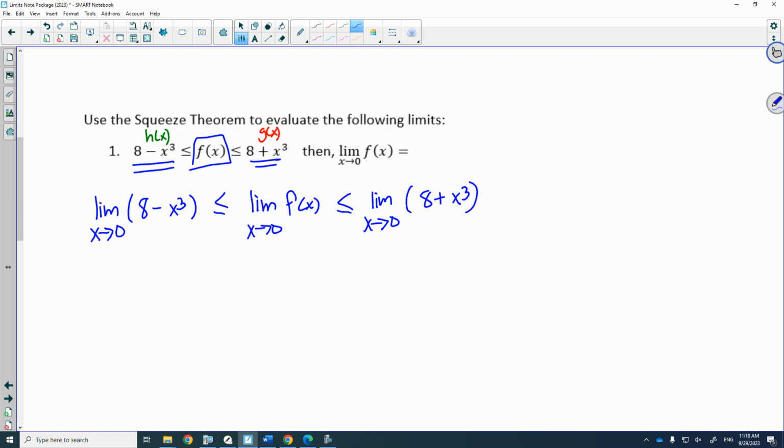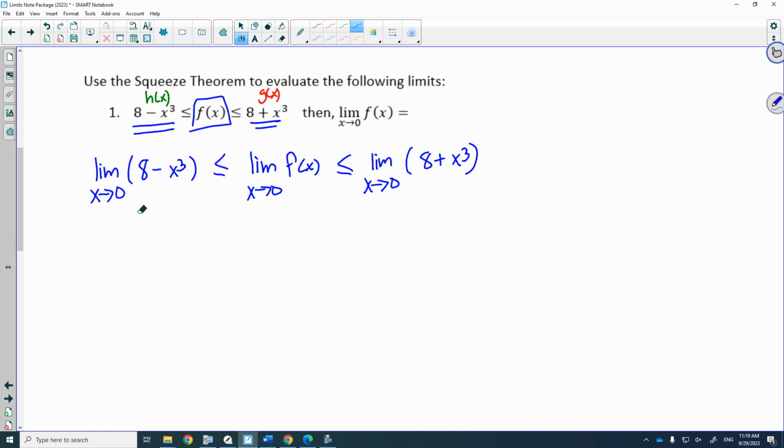Once I apply the limit to each expression in the inequality, I'm going to evaluate the limit. I'm going to use direct substitution to figure out what the limit would be of this function as x approaches 0. So using direct substitution, I would have 8 minus 0 cubed is less than or equal to the limit as x approaches 0 of f of x, which is less than or equal to, using direct substitution again, 8 plus 0 cubed.